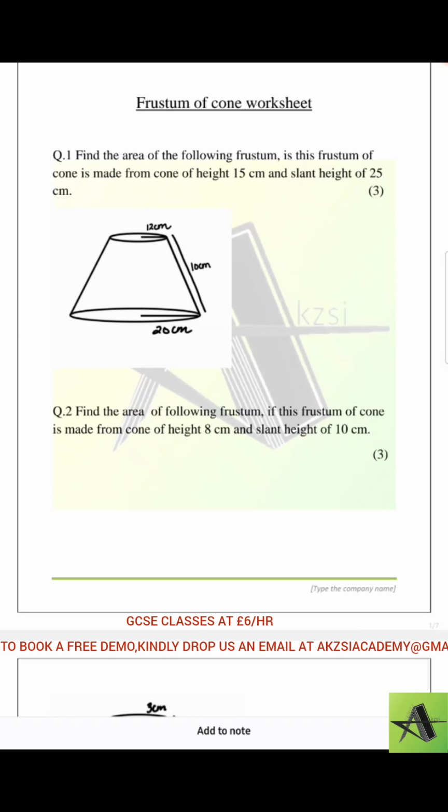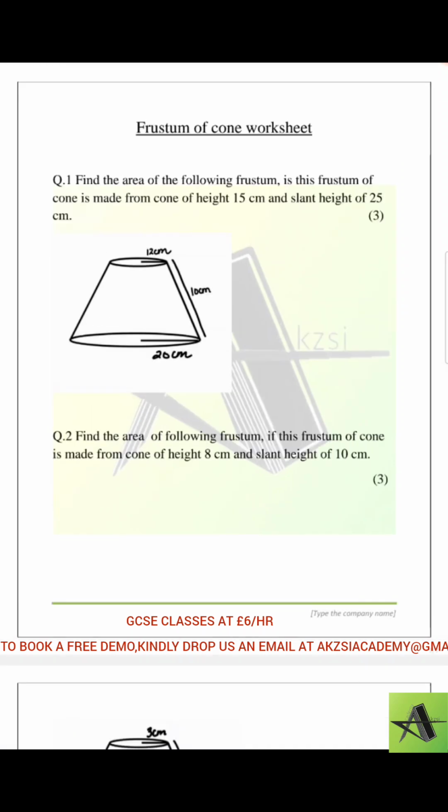So let me start with this question. It says find the area of the following frustum, if this frustum of cone is made from a cone of height 15 centimeters and slant height of 25 centimeters. Okay, so you can clearly see here that the question is all about finding the total surface area.